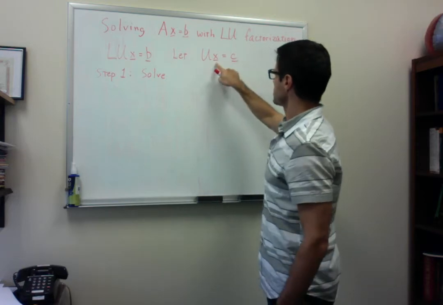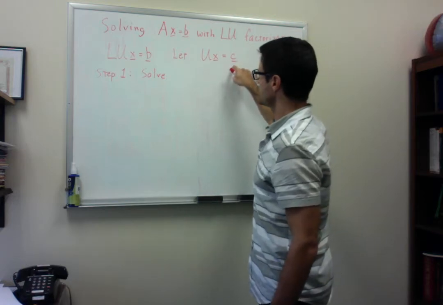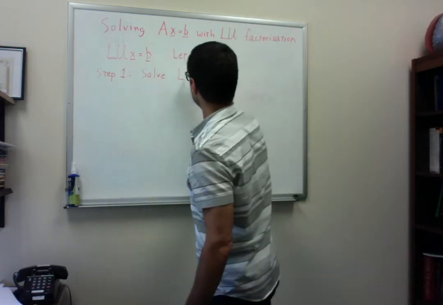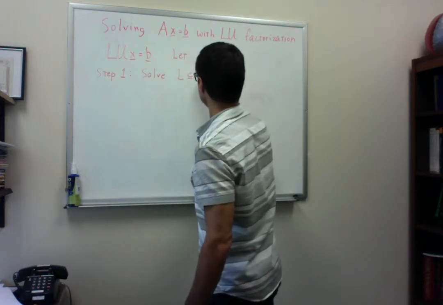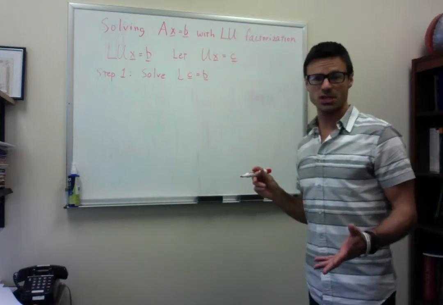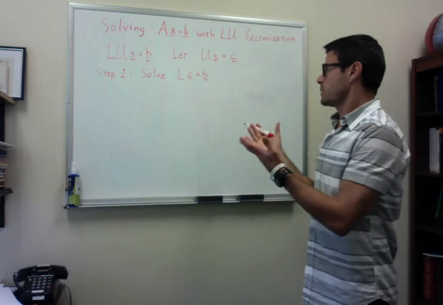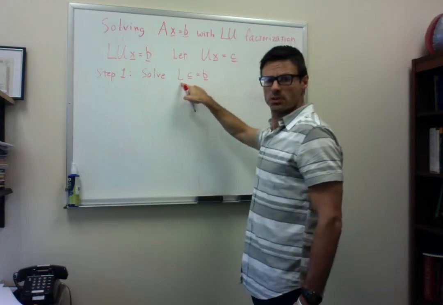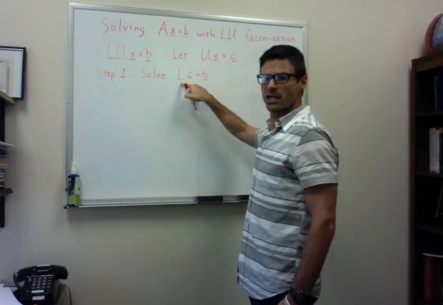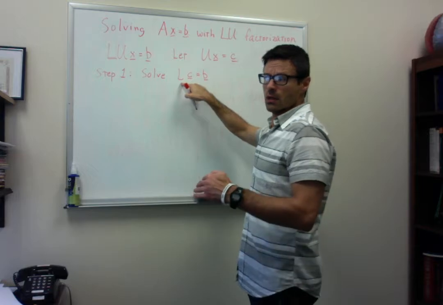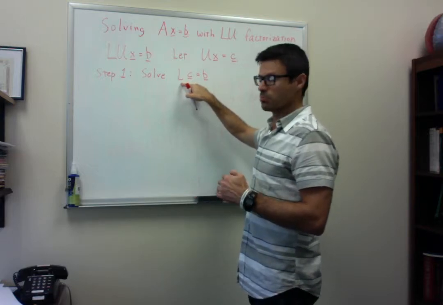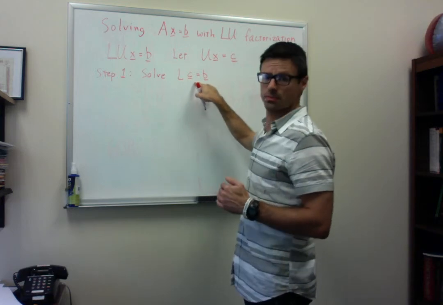So I've let Ux equal c, and if I substitute that into here, I get a system Lc equals b. Okay, c is the unknown here, and we can solve it. And we solve this, so L is, remember, it's lower triangular, and we can actually solve it using what we can call forward substitution. Okay, it's actually pretty easy to solve this system.